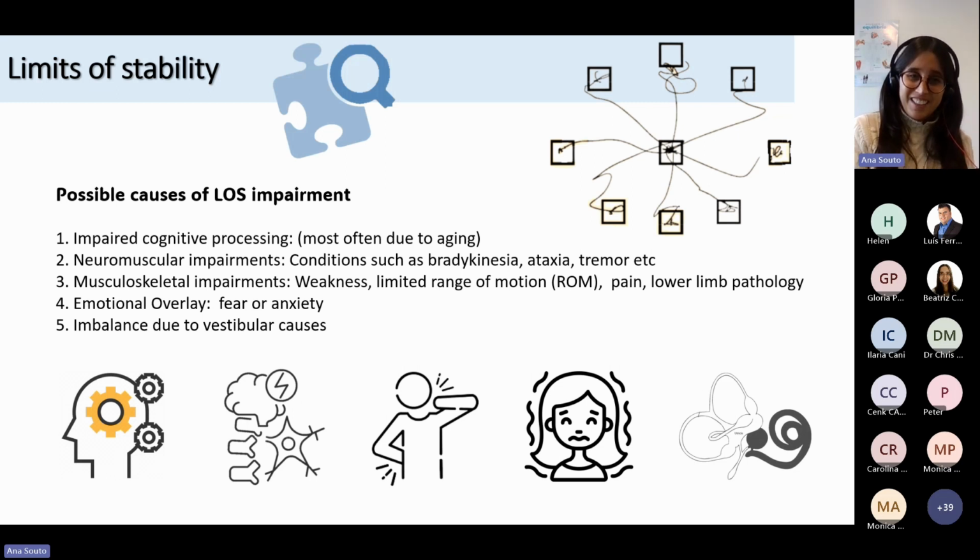Okay, so what are the possible causes for limits of stability impairment? There are a lot. So first of all, impaired cognition, attention and focus compromised, common in aging. Also, a possible distorted representation of the cone of stability. We know that fall risk increases a lot with impaired cognition.